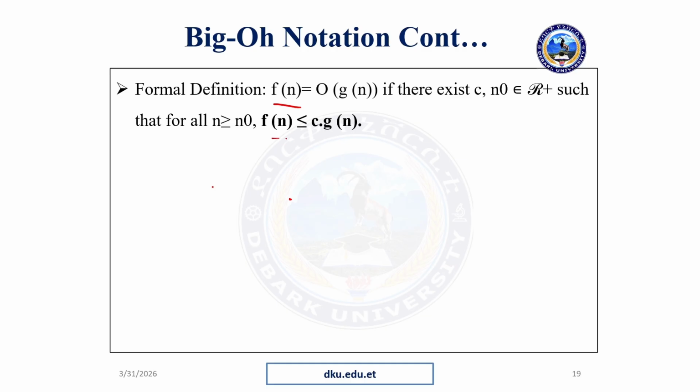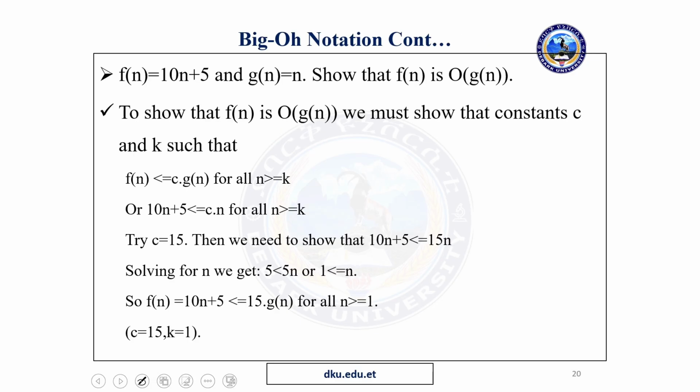This is the definition of big O notation. Based on this definition, let's see some examples. If the time complexity f of n is equal to 10n plus 5 and g of n is equal to n, show that f of n is big O of g of n. Let's see the above example in detail.